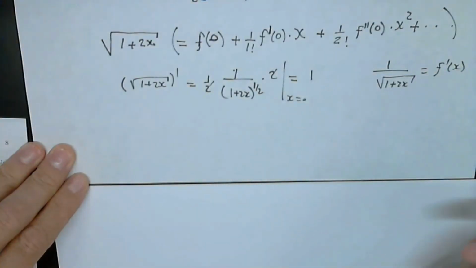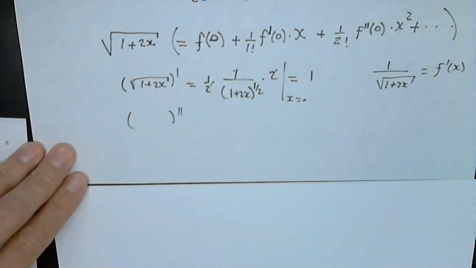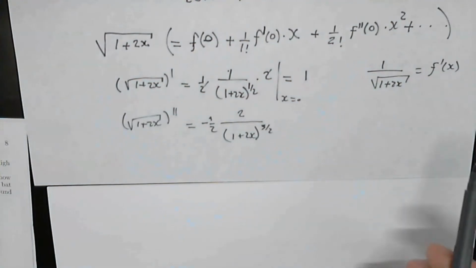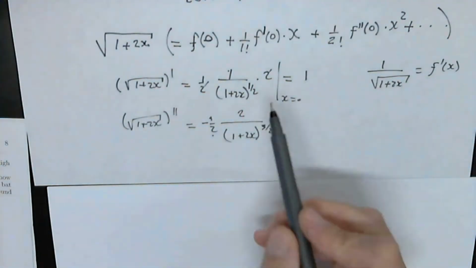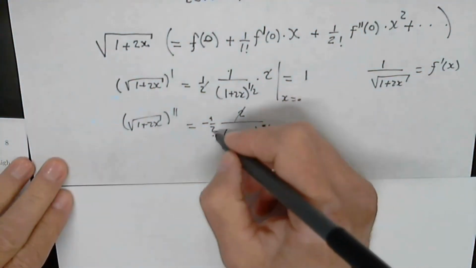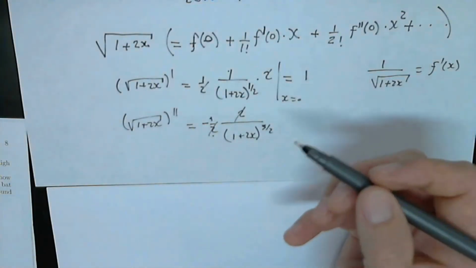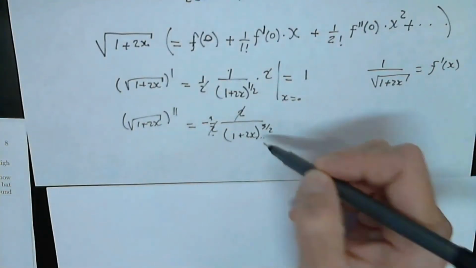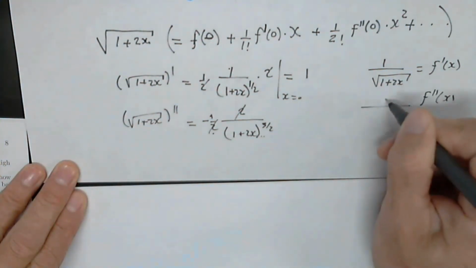That's the first derivative. So the second one at 0: this is negative 1/2 that goes to the front. The derivative of 1 plus 2x is 2, so these two over here cancel again. And 1/2 minus 1 is negative 3/2. That's why it's at the denominator. So this is the second derivative.